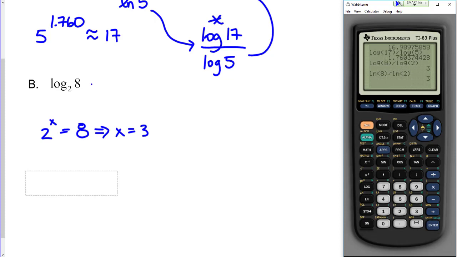So as I said, my preference is the natural log. Either way, you get the same answer. The result is 3, as we expect it to be. So even if it's something that you can come up with without the use of the calculator, you can still use the calculator.